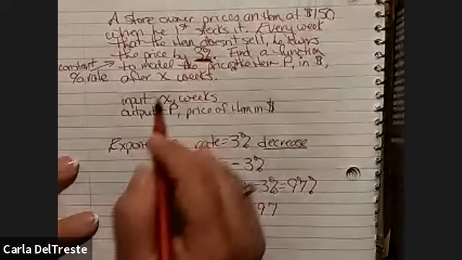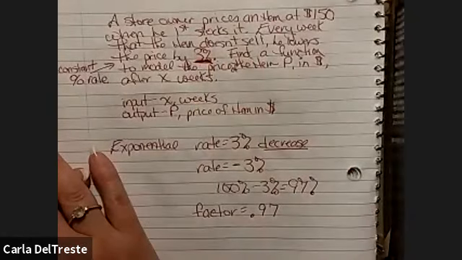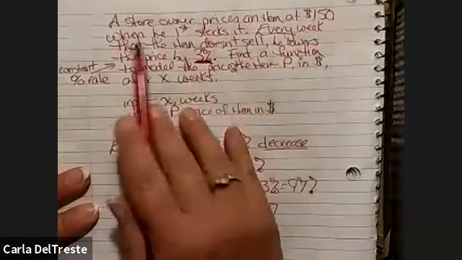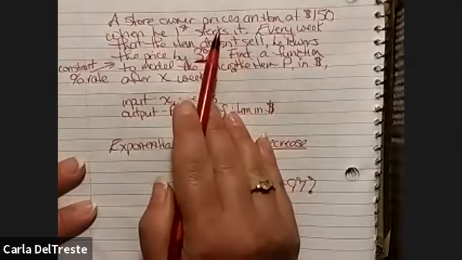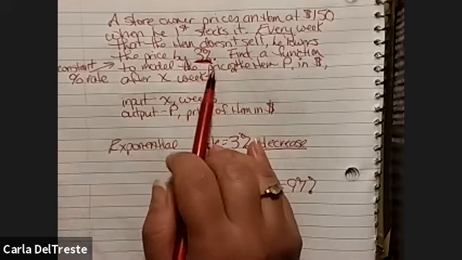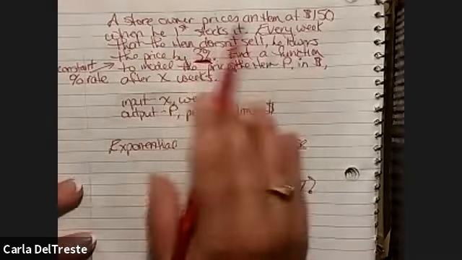In the description, does it sound like I have a y-intercept? The store owner prices an item at $150 when he first stocks it. Anything that happens at the beginning of the set time, that's your time zero. So that's your y-intercept. So yeah, I have the y-intercept.